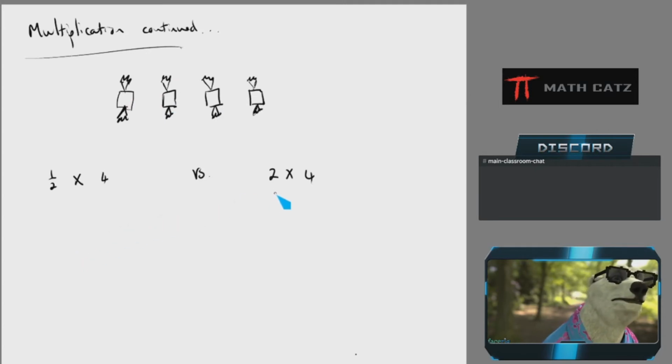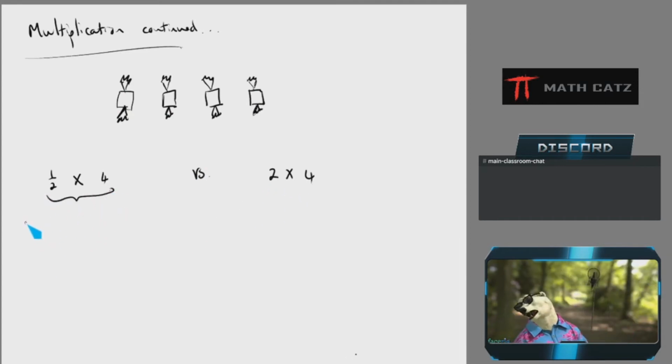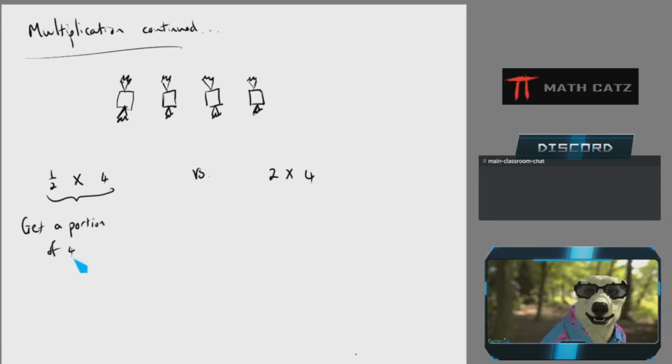Compare that with when the first number is bigger than 1, then what I actually end up with is more than what I see in front of me. I am sort of doubling it up. I am duplicating it a certain number of times according to that number. So this first one is, let's go with get. I'm going to get a portion of 4.